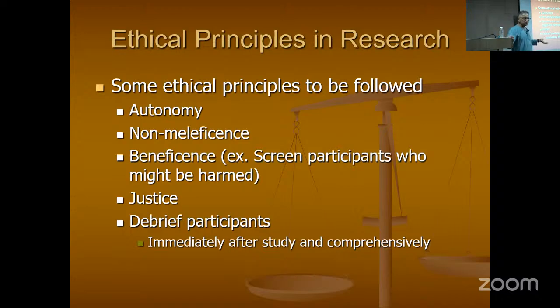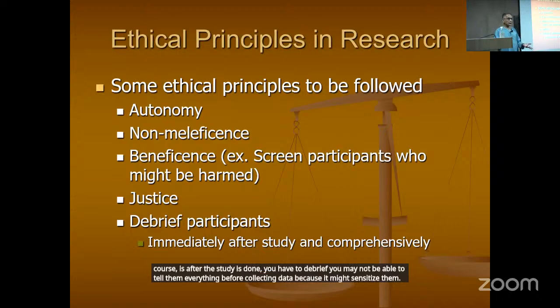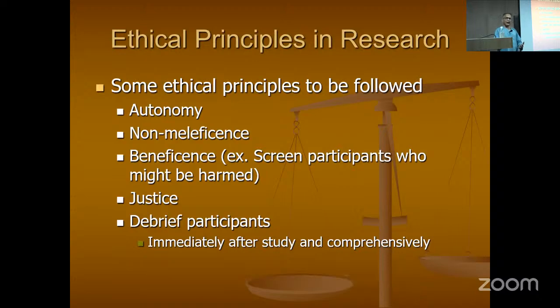The last principle, of course, is that after the study is done, you have to debrief. You may not be able to tell them everything before collecting data because it might sensitize them. So after that, they have to be told all the necessary information immediately after the study and completely.